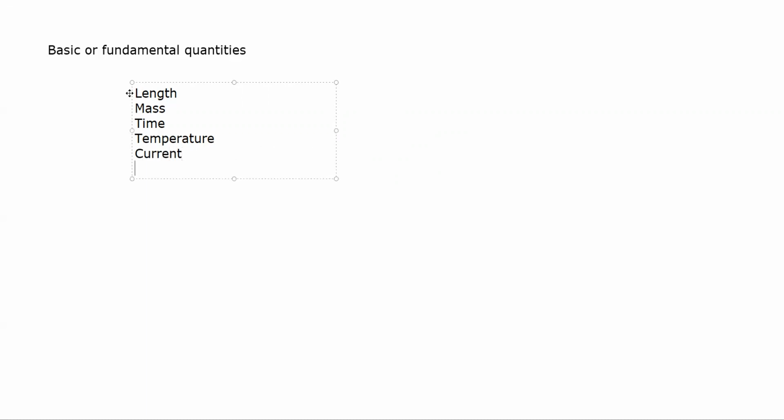The first one, the basic quantities. There are 7 fundamental or basic quantities, which are length, mass, time, temperature or absolute thermodynamic temperature, electrical current, light intensity, and amount of substance.